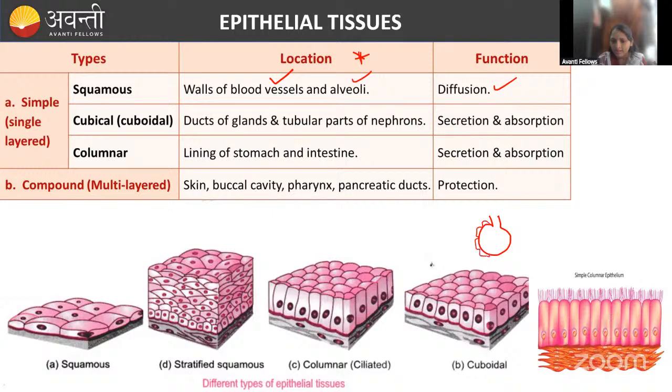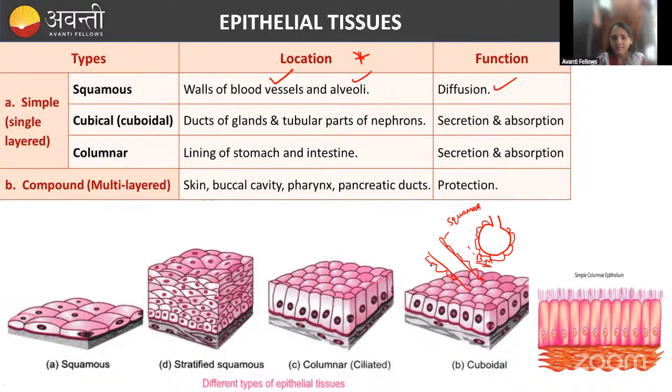It is single layered, made up of squamous epithelium. Between these, blood vessels go. The blood vessels are lined by the endothelium, which also consists mainly of squamous epithelium. Between these two there is a basement membrane.